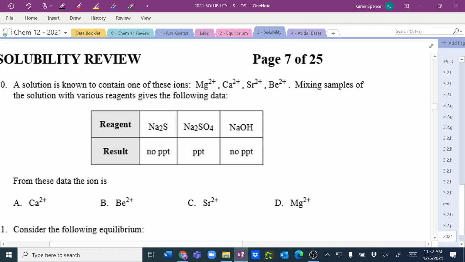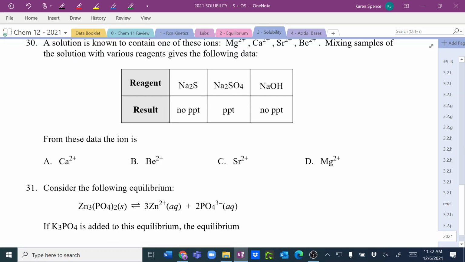And I think that's as far as I got with circling things, and that seems to be about half the questions. So I'm going to leave it there for today, yes? 22, yes.